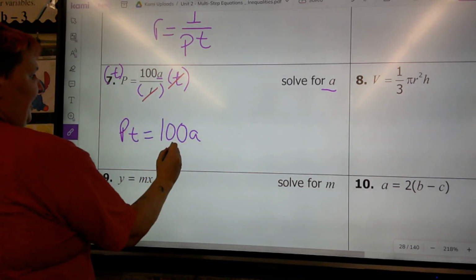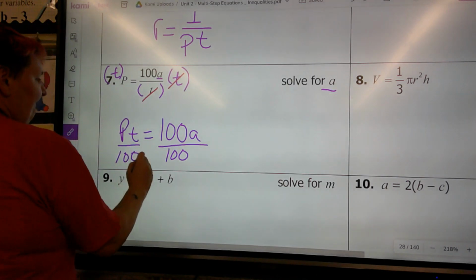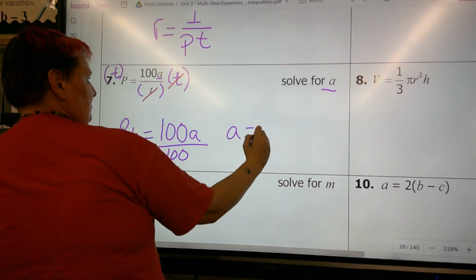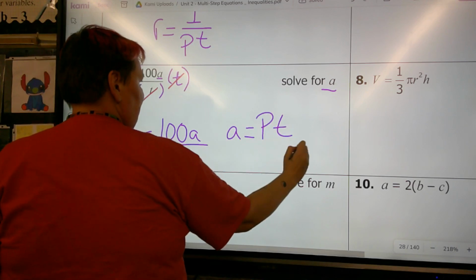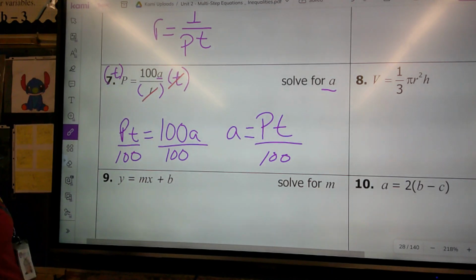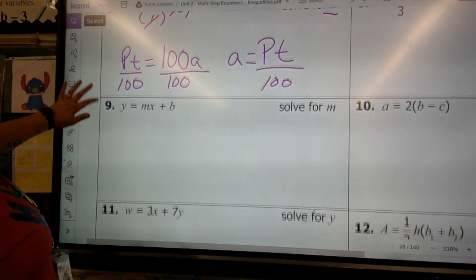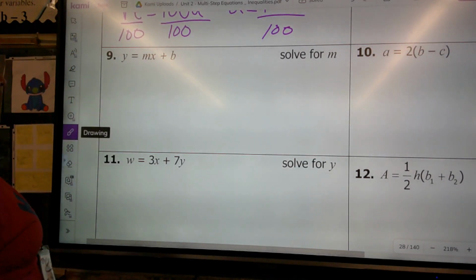We're solving for A, so divide by 100. So A equals PT over 100. All I'm using is the inverse property to manipulate.